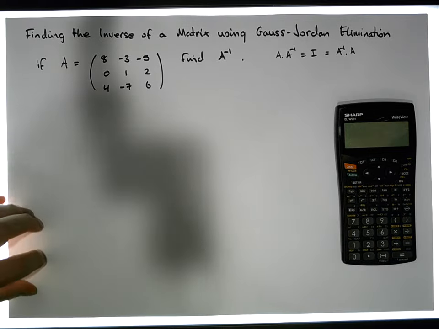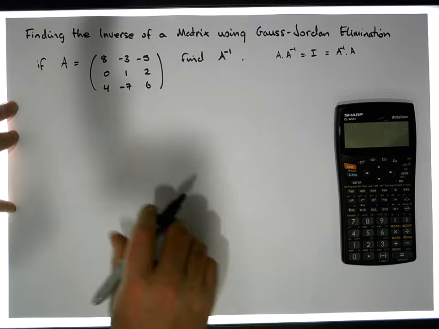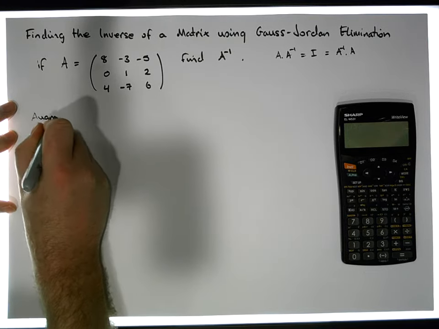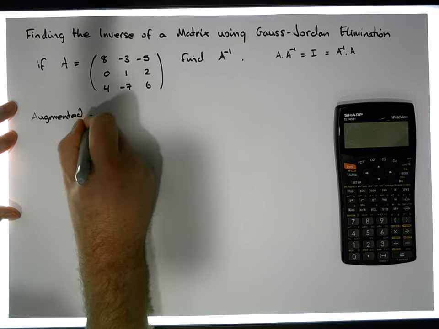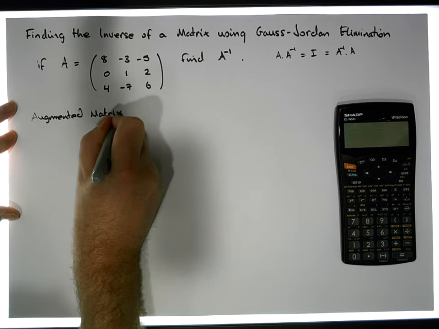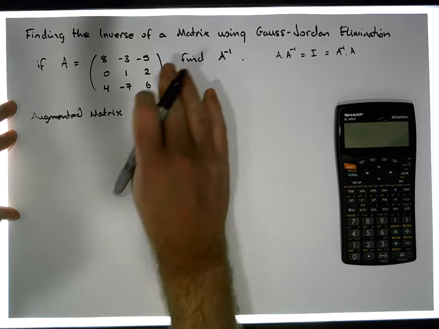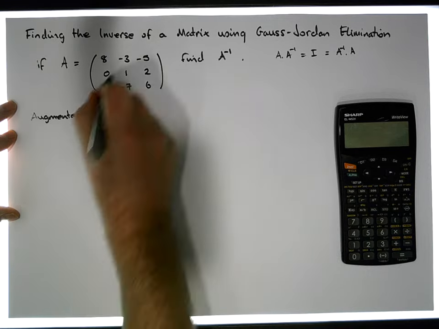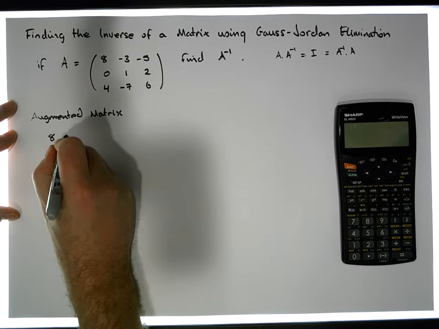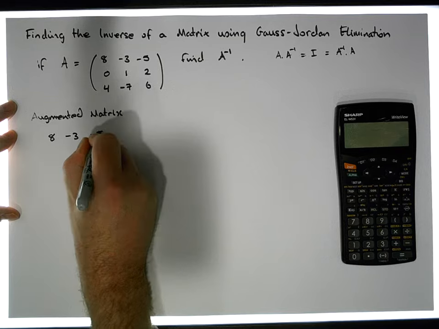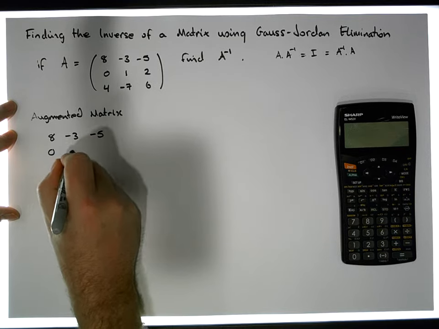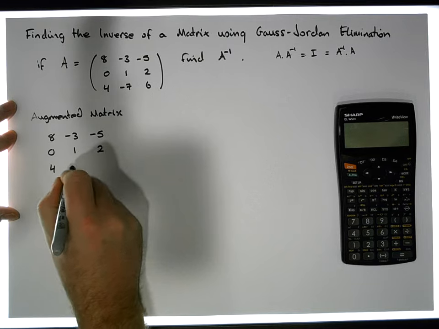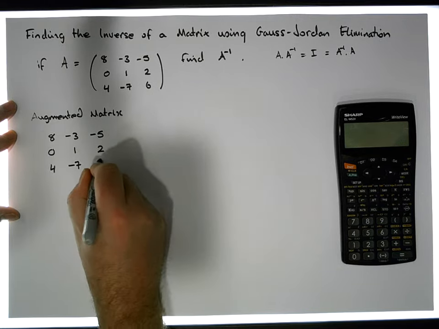So step one, we're going to create the augmented matrix. That's where we take our original matrix and augment it with the identity matrix. So we take the original matrix, which is 8, minus 3, minus 5; 0, 1, 2; 4, minus 7, 6.